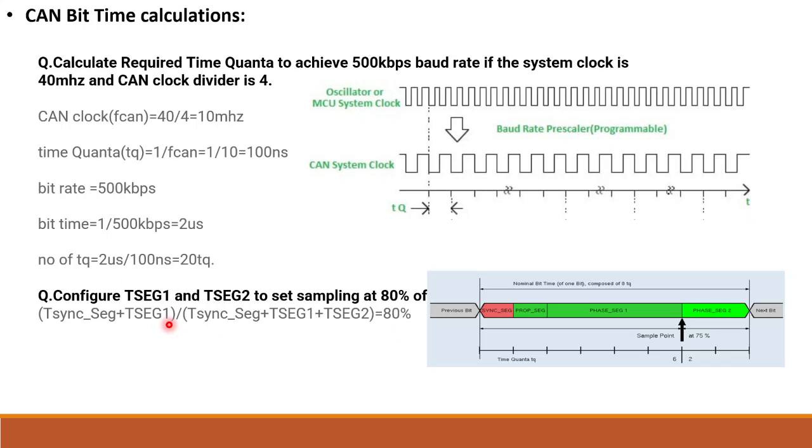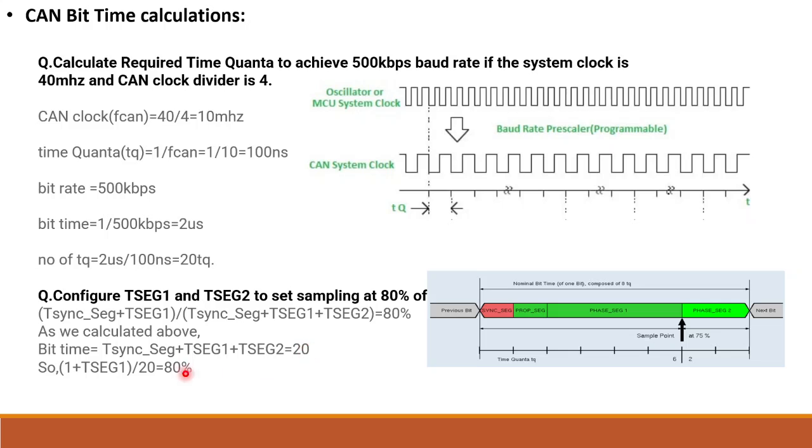Then let us calculate T seg 1 and T seg 2. Already we calculated the number of time quanta for the complete timing. T sync segment plus segment 1 plus segment 2 totals 20 time quanta, so I equate with 20. 1 plus T seg 1 is the numerator.